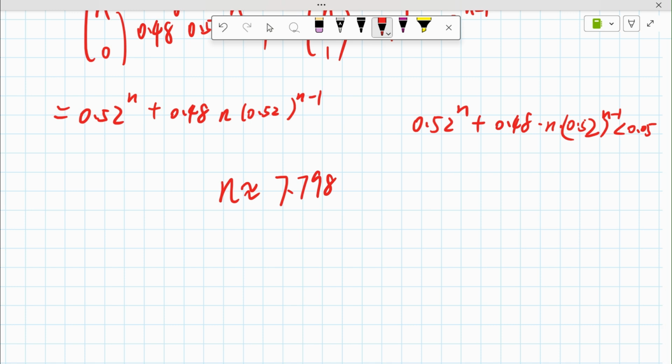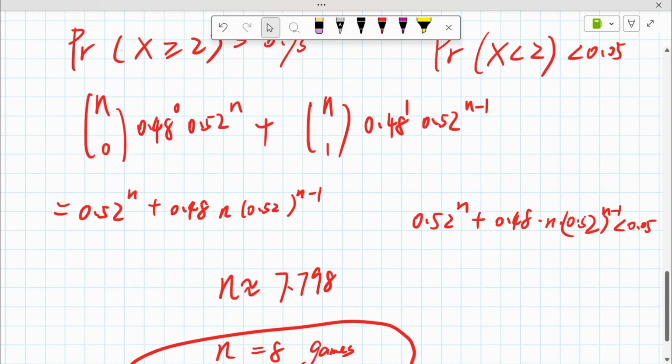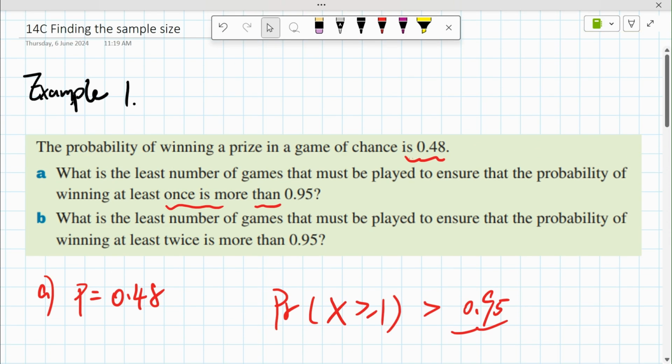That means we must approximately play 8 games. So this is how you're gonna do it with inverse binomial distribution. Hopefully that makes sense, and I will see you guys next time.